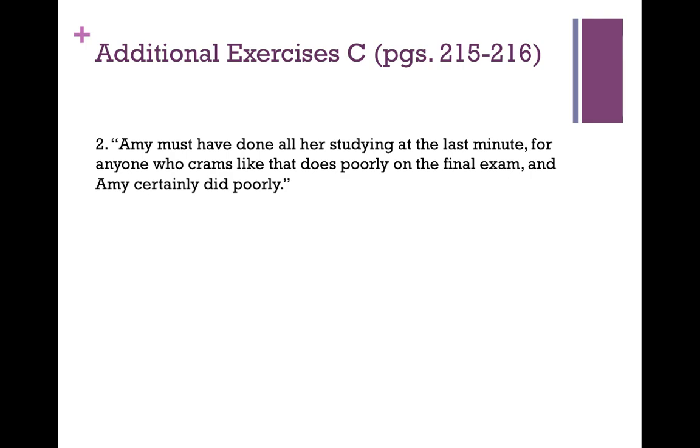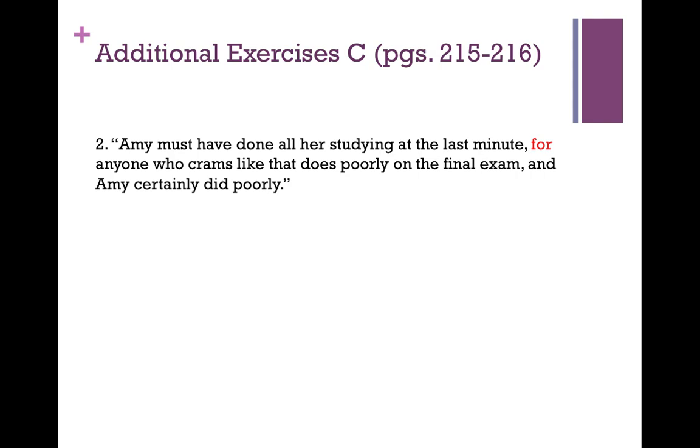Now, the first thing we need to do is distill the argument, and we have to figure out the conclusion. And we notice here that we are given an indicator word, the word "for." Whenever someone says, blah, blah, blah, "for," you know that what's coming next is the justification.